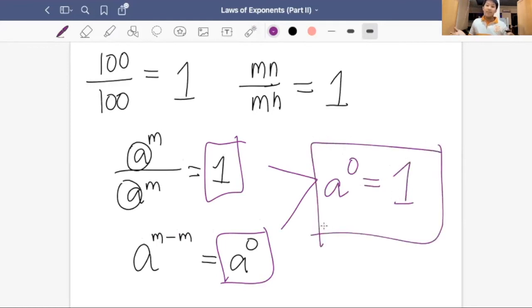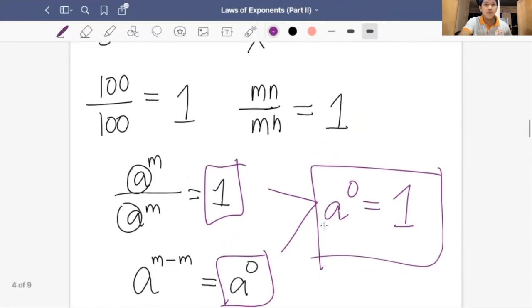Diyan galing yung property number 6 natin na zero exponent rule. Yung iba, sinasaulo lang yung mathematical fact that any number or any variable, except 0 of course, raised to 0 is equal to 1. But they don't know where that mathematical fact came from, right? Today, I have just shown you through this illustration.